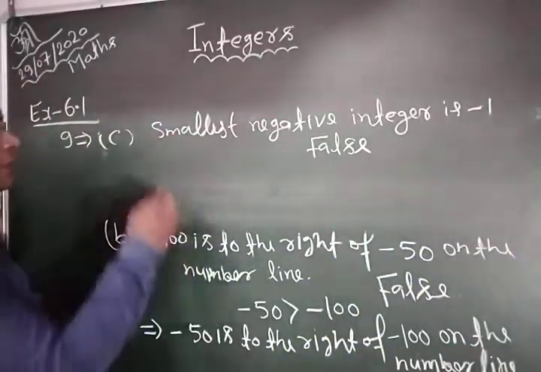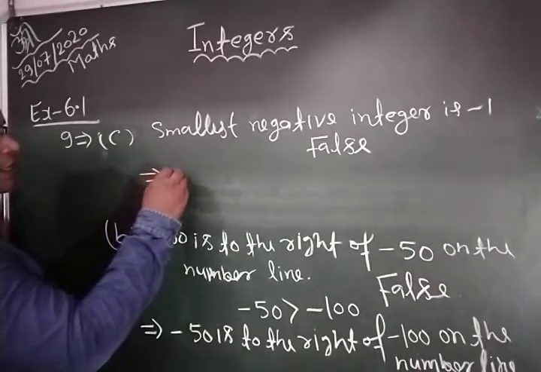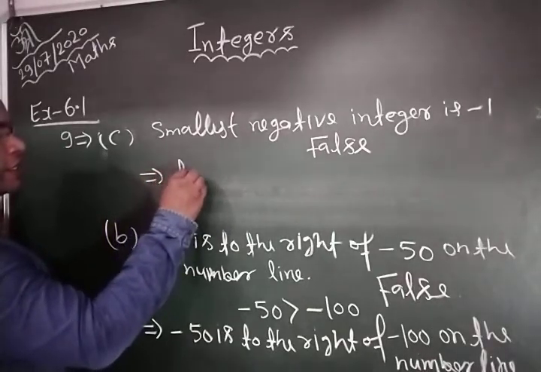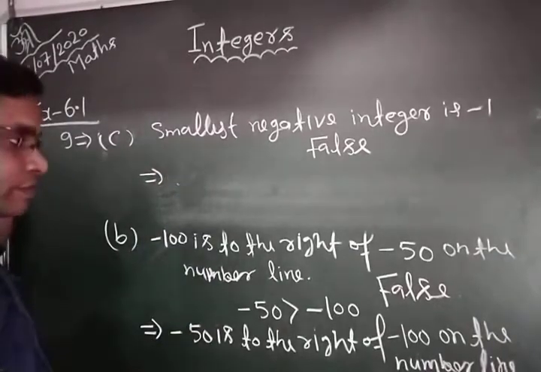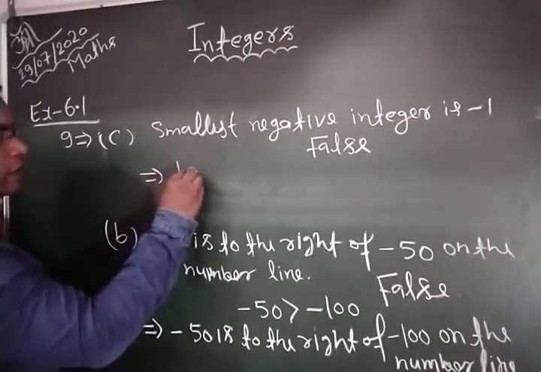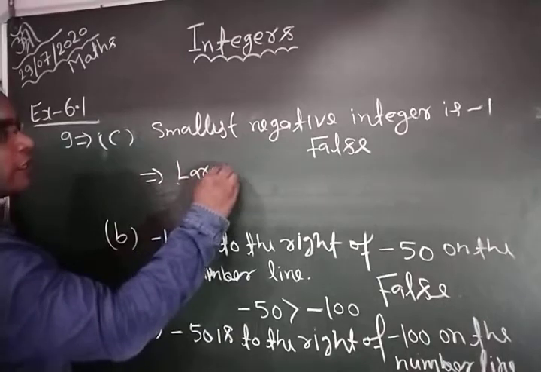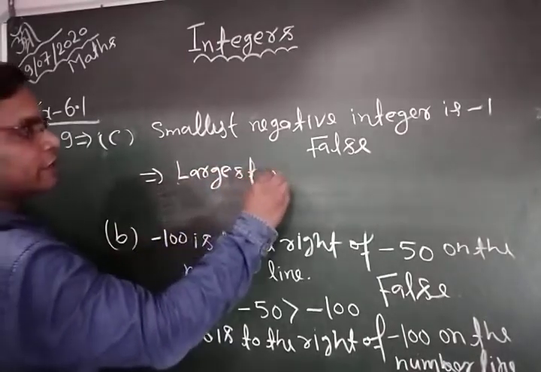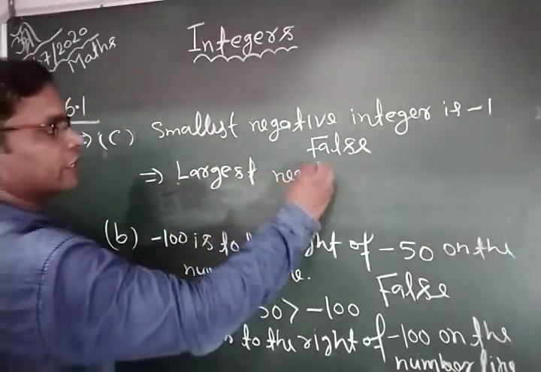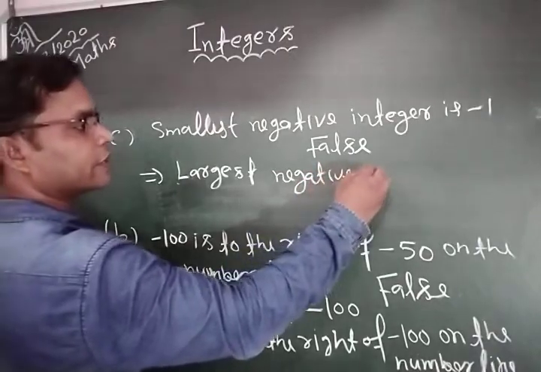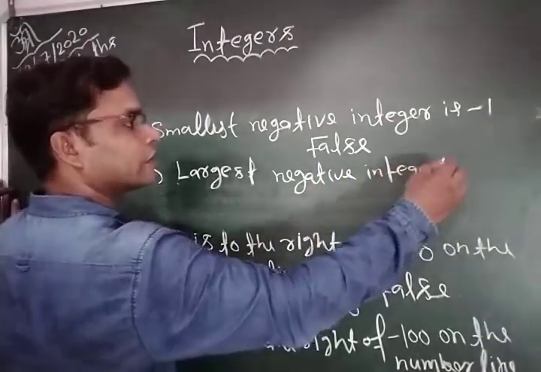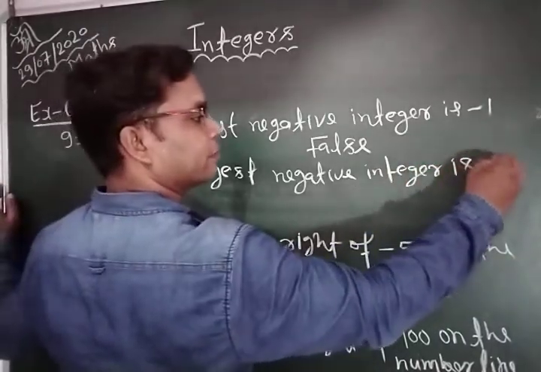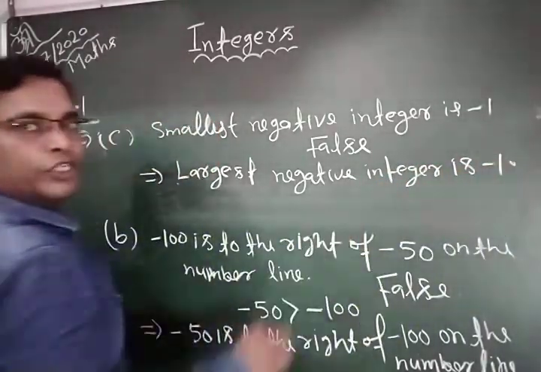The correct statement is that the greatest, largest negative integer is minus 1. This is a true statement.